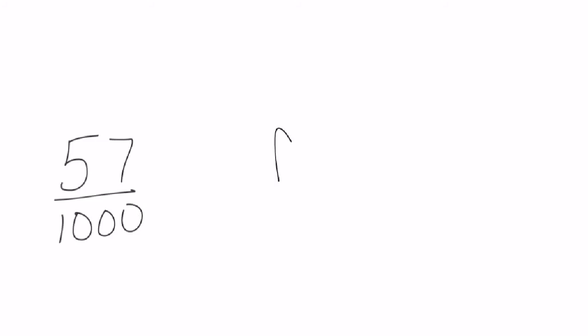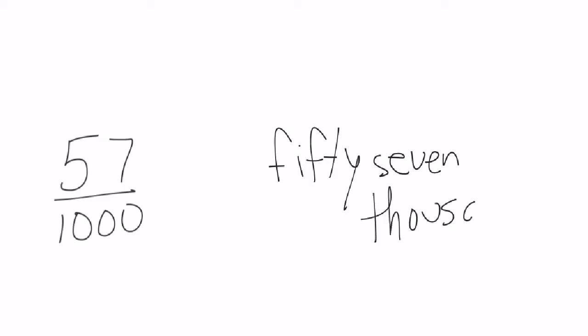I can see that I have 57 thousandths, and so I know I need to write the number 57. But as you can see right now, I have the 7 in the hundredths place, so that is not correct.